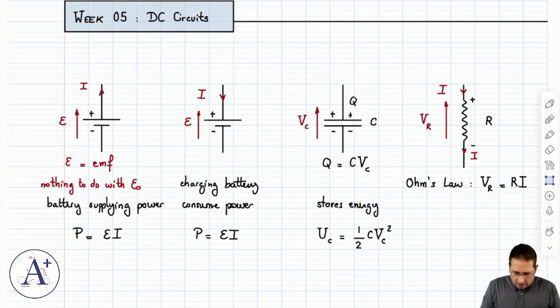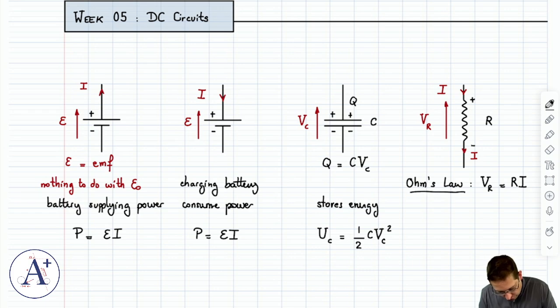All right, and a resistor, because it allows charge to go through it, but with difficulty, only dissipates power. It cannot supply power to the circuit. It's just a piece of conductor and you're getting current to go through it, that's it.